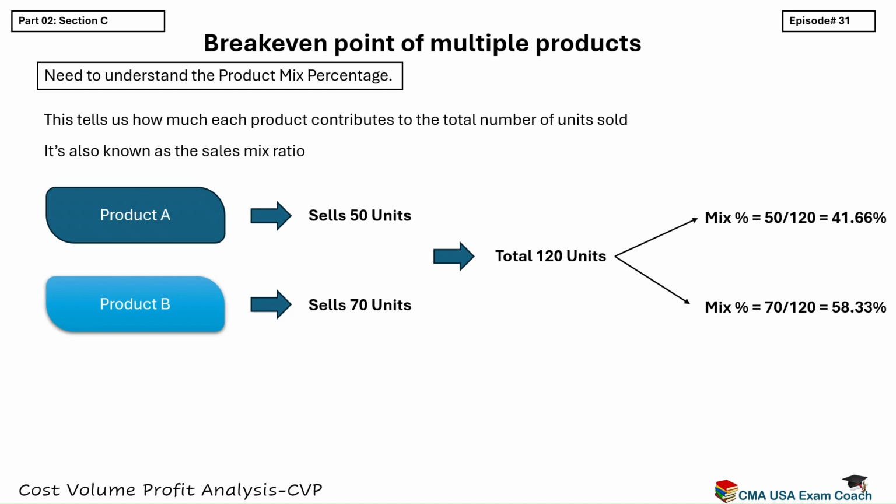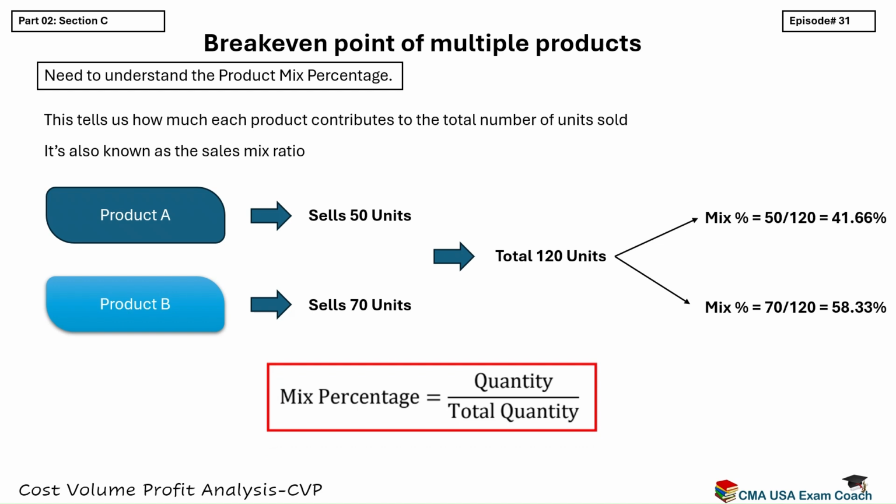Now that we've seen how to calculate the product mix using an example, let's quickly look at the formula behind it. The formula to calculate the mix percentage is very simple. Mix percentage equals quantity of a product divided by total quantity of all products. So, going back to our previous example, we had 50 units of Product A and 70 units of Product B. The total units sold were 120.